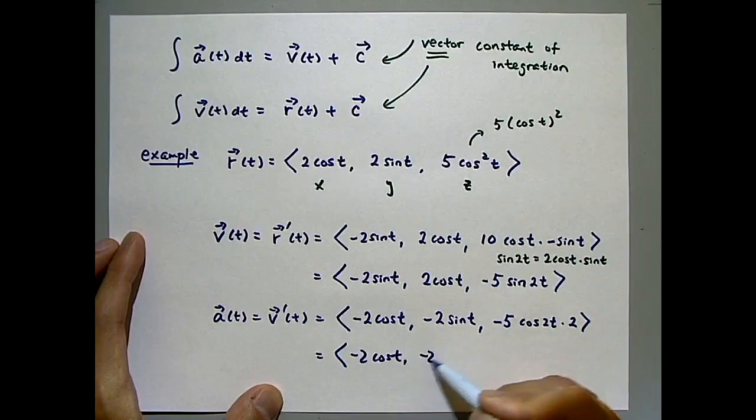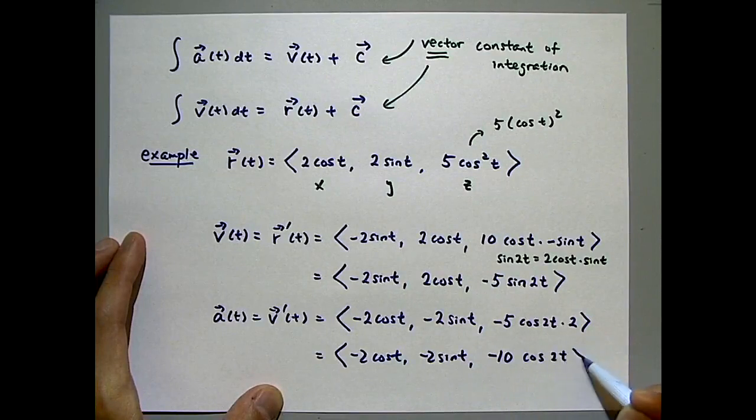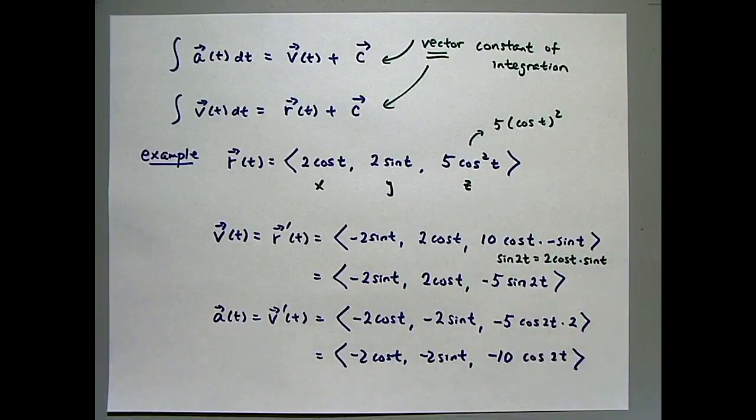So at the end of that, we get this expression, minus 10 cosine of 2t. Right? Okay. Questions? Pretty easy stuff, yeah? You already know it.